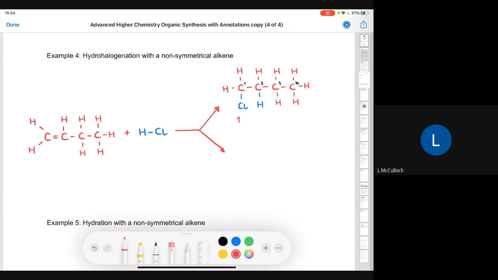And the name of that would be 1-chlorobutane. Then if we look at our second possibility, drawing the 4 carbons out again with the double bond broken.